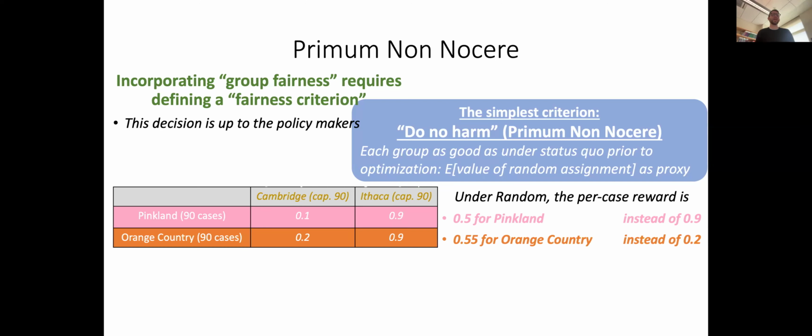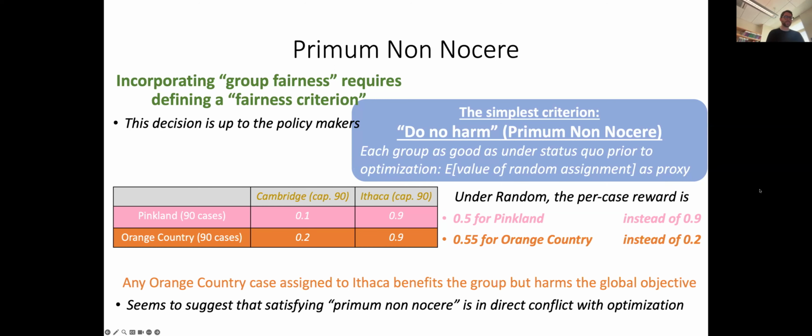And then we could say, well, our fairness definition could be to say, you can do whatever you want, but each group should not receive a worse outcome than this per case reward that they would receive under a random allocation. Now, in this example, any orange country case that gets assigned to Ithaca benefits the group, but harms the global objective. So satisfying this do no harm condition is in direct conflict with optimization.